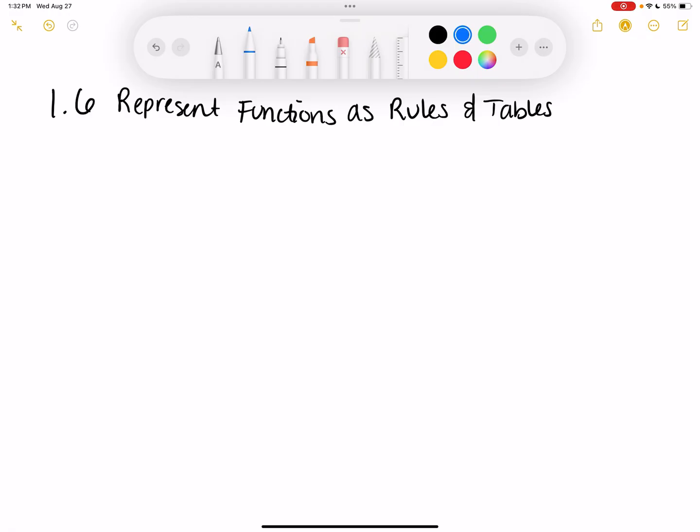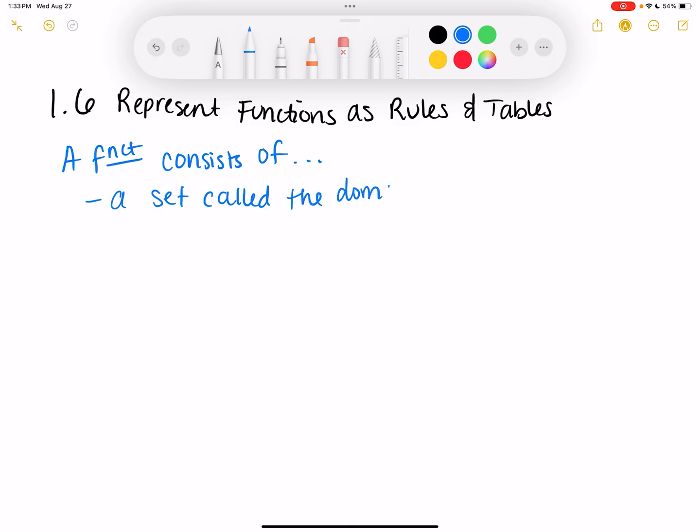Start out with some notes here. So a function, and if you see me abbreviate like that, FNCT, as an abbreviation for function, consists of a set called the domain containing numbers called inputs, which are the x values.